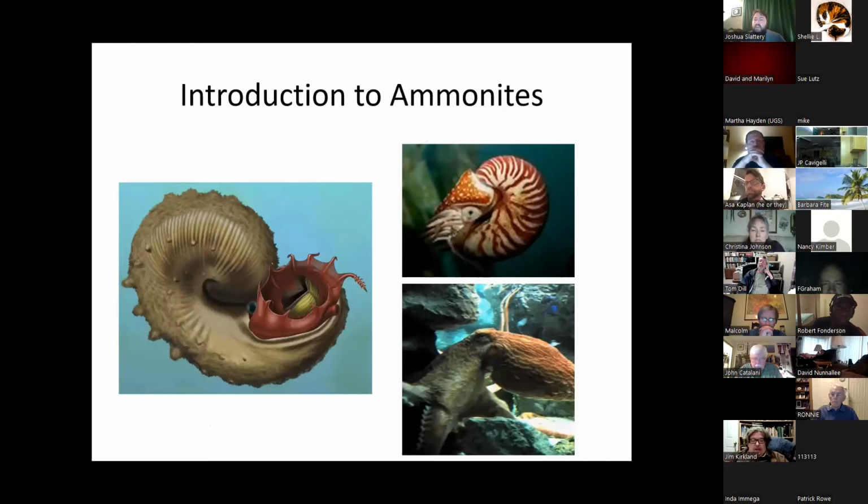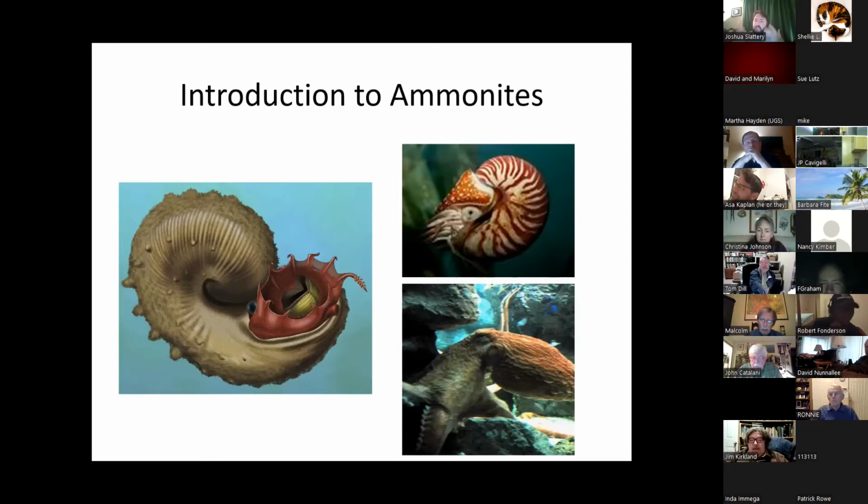So when we think about ammonoids, people usually try to relate them either to the modern coleoids, like the octopods, squid, and vampire squids, or they compare them to modern nautilus. So the question is, what are they actually most closely related to? Originally, back in the 1800s and early 20th century, most people thought that because they had external shells, they were very closely related to the modern nautilus.